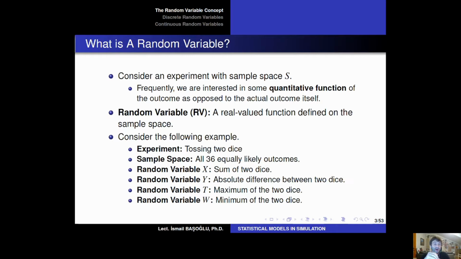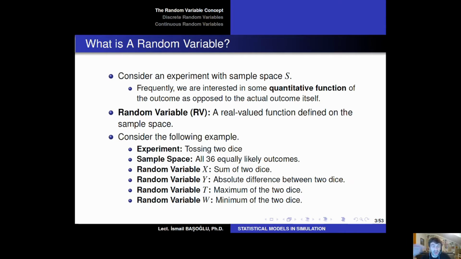So we are talking about the quantitative representations of the outcomes instead of the actual outcome itself. For example, when you toss a single regular die, actually the outcome of this experiment is just one of the faces to be upturned, right?